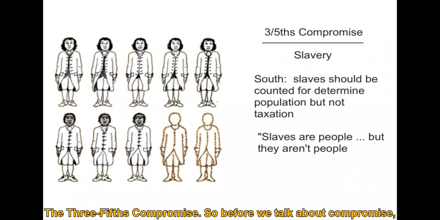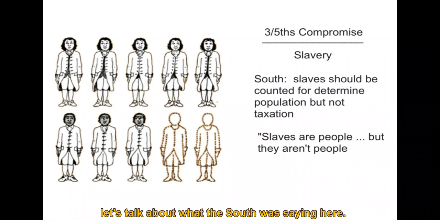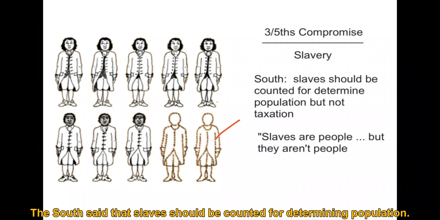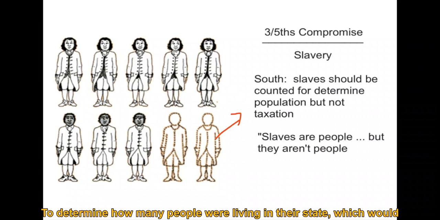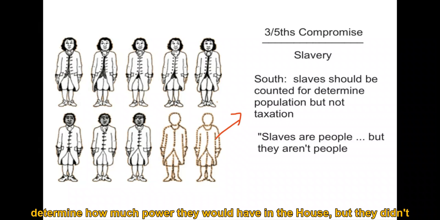So before we talk about the compromise, let's talk about what the South was saying here. The South said that slaves should be counted for determining population. They believed everybody should be counted, whether they were slave or free, to determine how many people were living in their state, which would determine how much power they would have in the House.